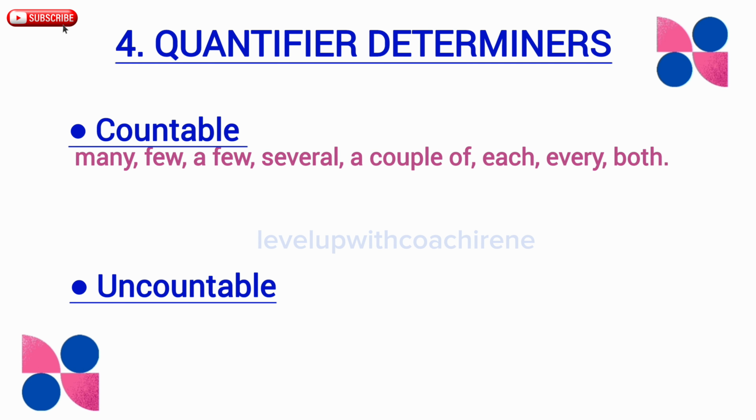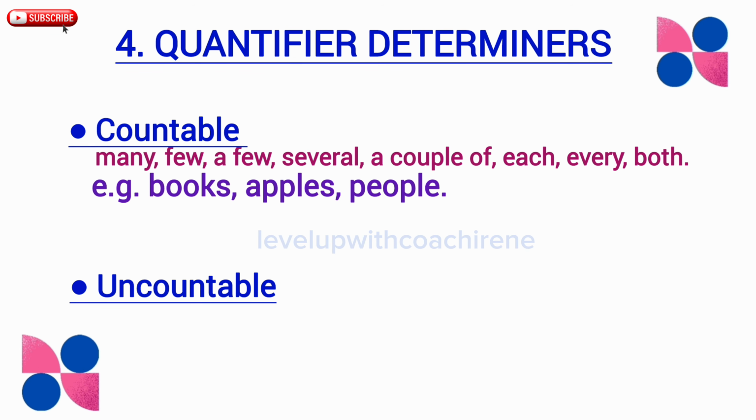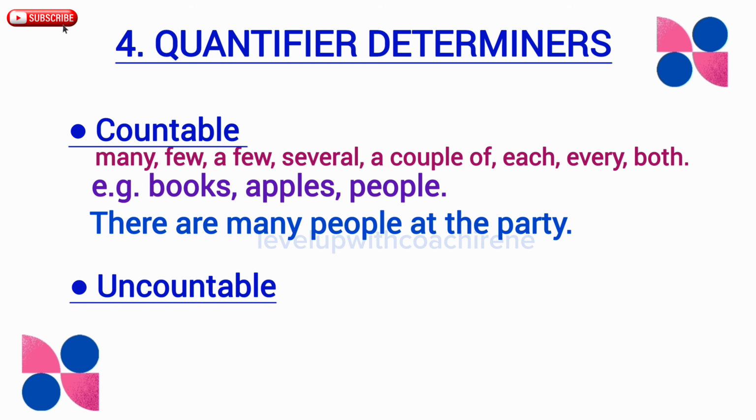They include many, few, a few, several, a couple of, each, every, both. These quantifiers are used for nouns that can be counted. For example, books, apples. Example sentence: there are many people at the party.